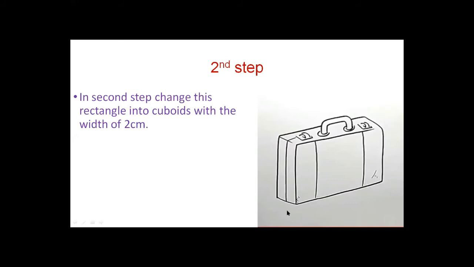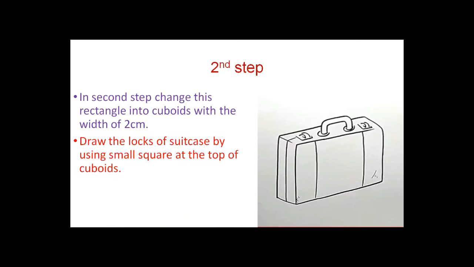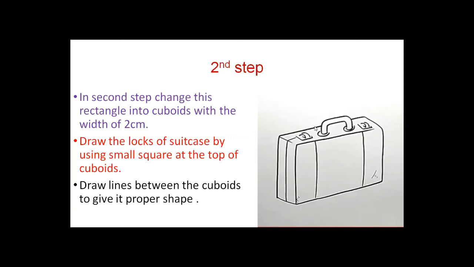Now the next step is to draw the suitcase lock. These are the locks of the suitcase, made using a small square at the top of the cuboid. Okay, this is the top of the cuboid. We draw a lock, and then draw a line between the cuboid to give it proper shape.